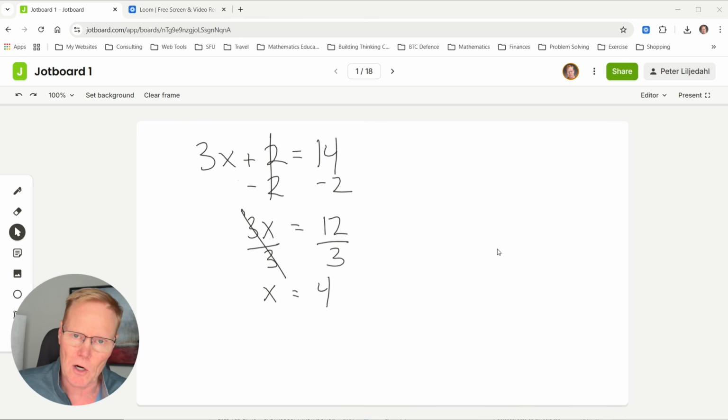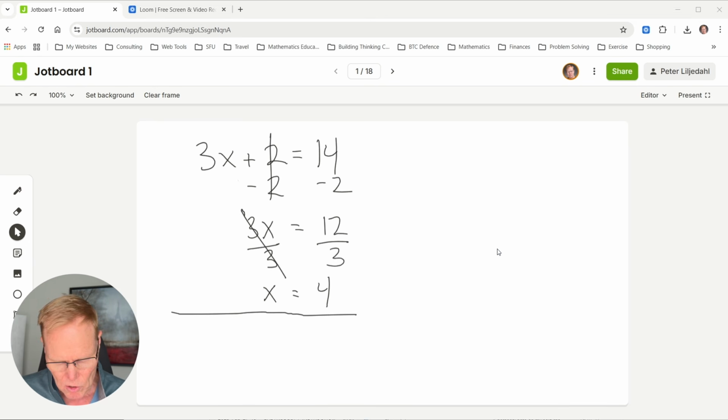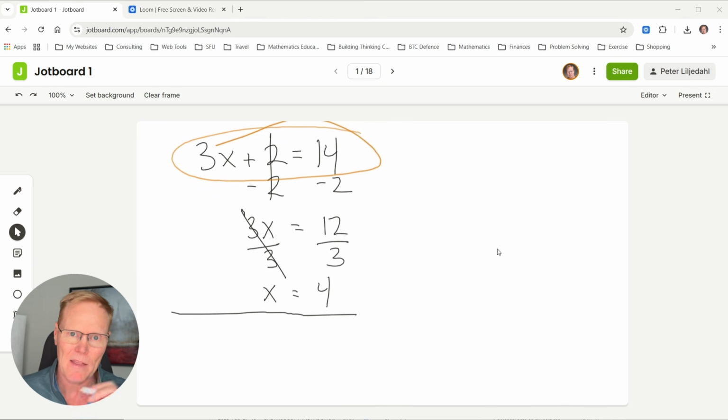And I said, this wasn't hard. They acknowledged this wasn't difficult. And then I said, okay, but now I want to check my answer. So what does it mean to check the answer? We've got x equals 4. What does that mean? They told me that x equals 4 will make that statement true.